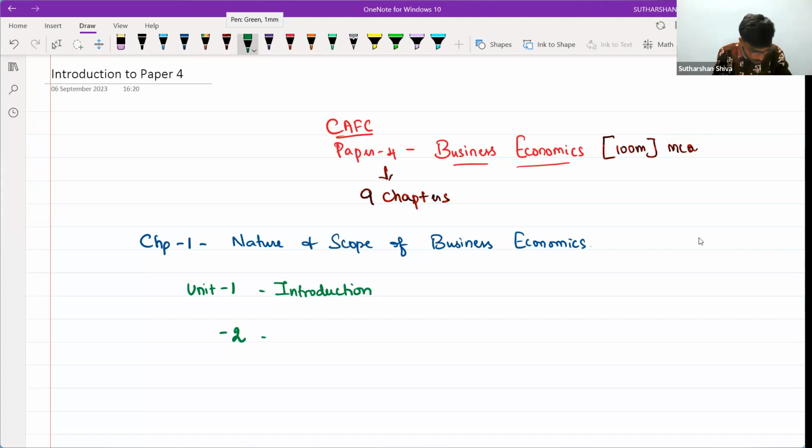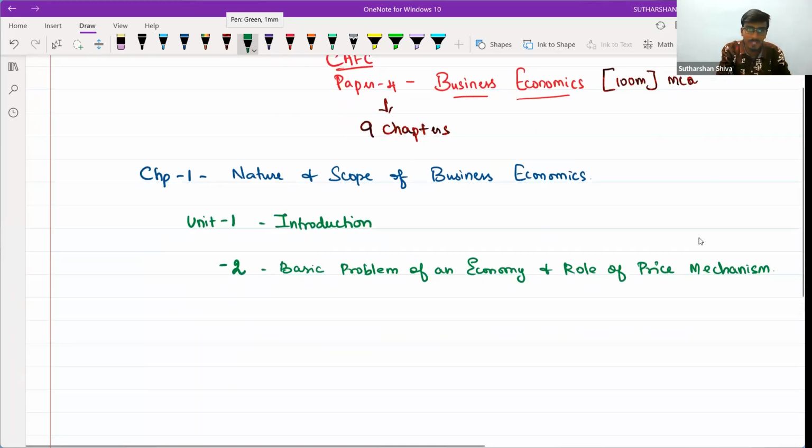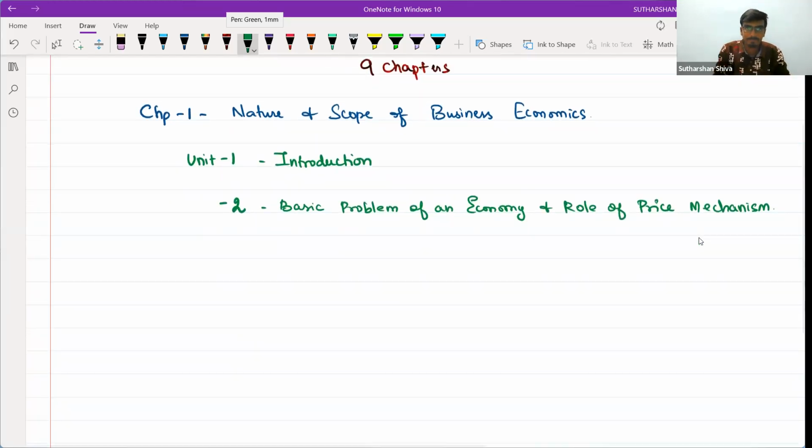In unit 2, the basic problems of an economy: what to do, how to do. And the role of price mechanism, like capitalism, socialism, and mixed economy. India is following a model called mixed economy. Everything you will learn in chapter number 1.